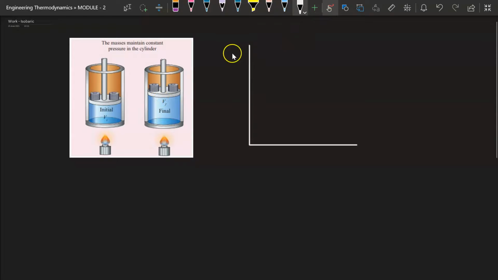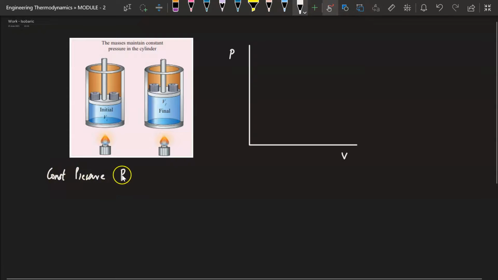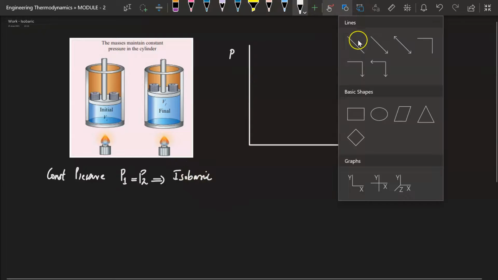Now again I am taking a PV diagram, and this is a constant pressure process, the isobaric process. Constant pressure means P1 is equal to P2, that is why it is called an isobaric process.